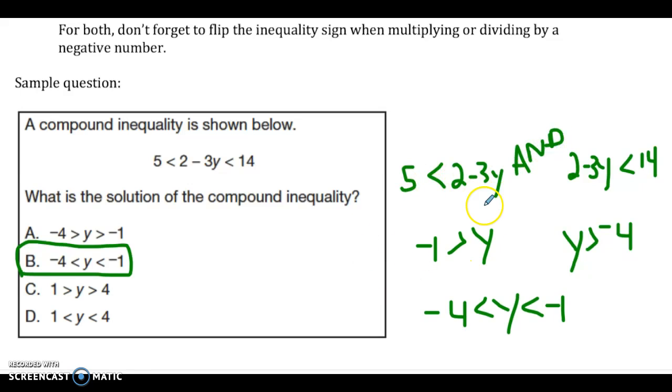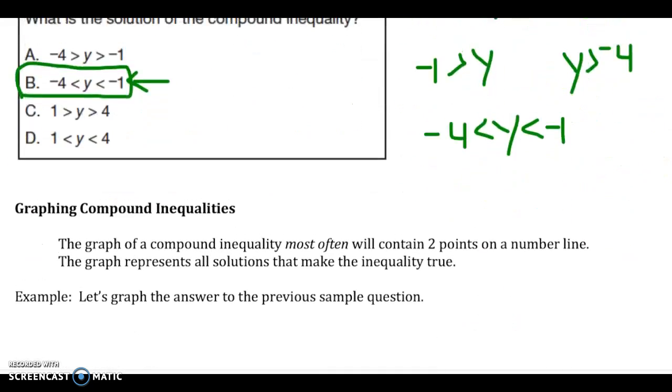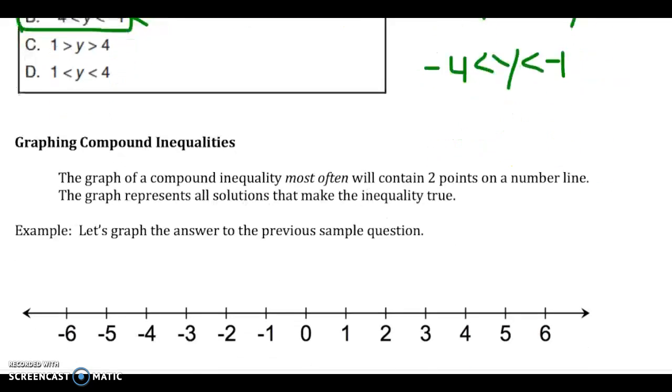As we start to solve this side and this side, you get y is going to be less than -1, and then y is going to be greater than -4. So we can rewrite that as a compound inequality, and there we go with B. So when you're graphing a compound inequality, you're just going to graph both parts.